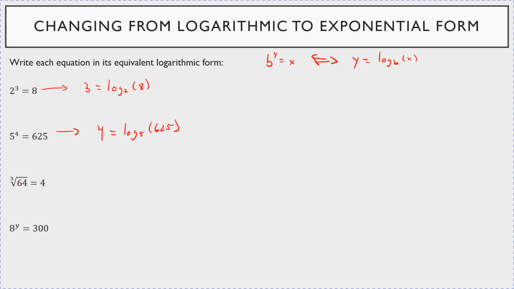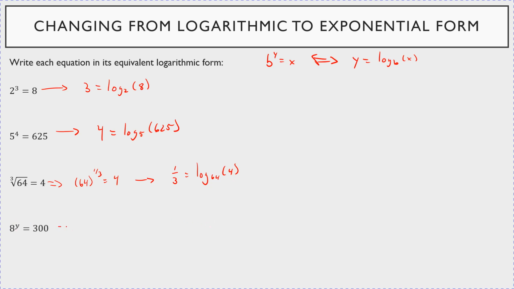Okay, it helps to see this here, okay? What is the third root? Another way of rewriting this is 64 to the 1/3 is equal to 4. Okay, so what's my base here? My base is 64, and my exponent is 1/3. So this is 1/3 is equal to log base 64 of 4.